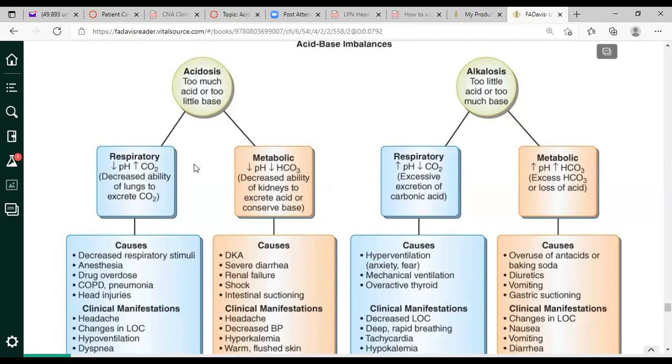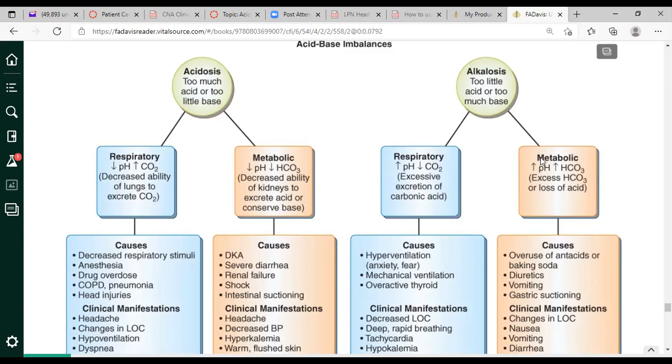What are the different things that can contribute to acidosis, to having too much acid in your body or not having enough base? The base is the bicarbs. It also talks about the things that contribute to not having enough acid in your body and having too much base, and too much base is what causes alkalosis.